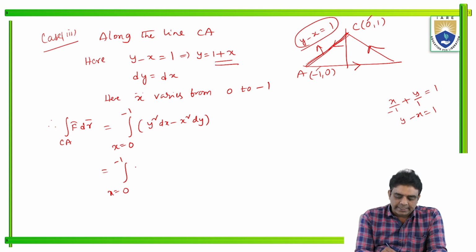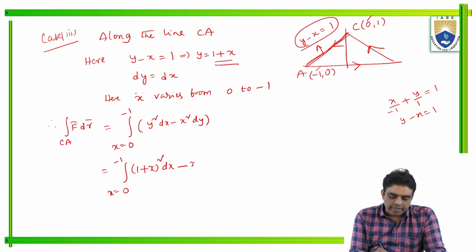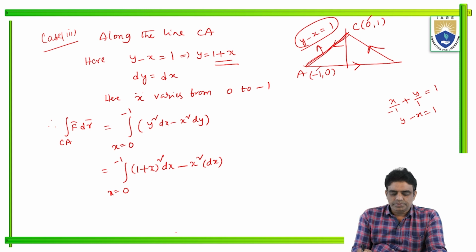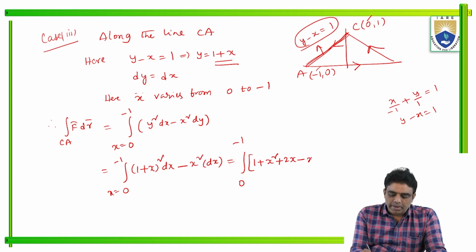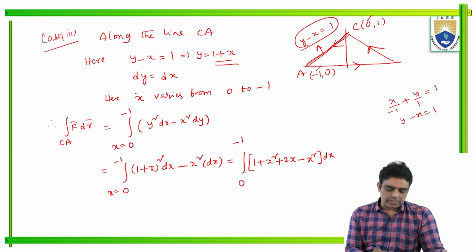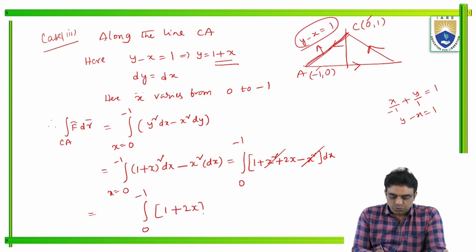Y is 1 plus x, so (1 plus x) whole square dx minus x square as it is, and dy is equal to dx. On expanding (1 plus x) whole square, we get 1 plus x square plus 2x, minus x square, dx. These x square terms cancel, and the value is the integral from 0 to -1 of (1 plus 2x) dx.